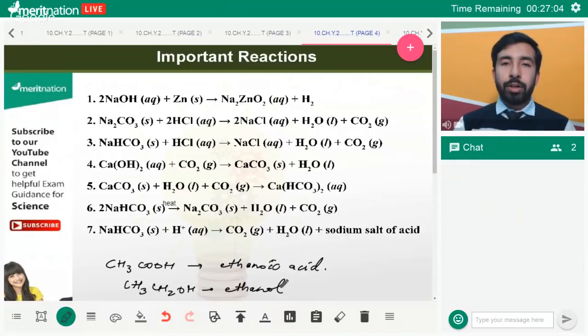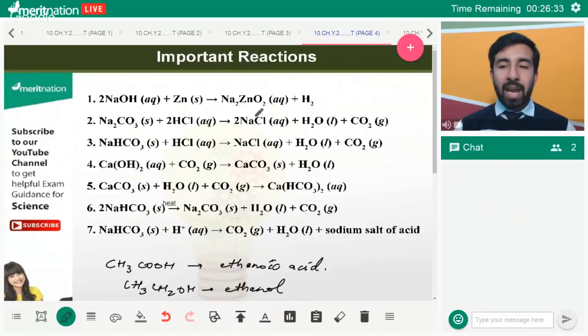So water should never be added to acid, but we should always add acid to water because the reaction is highly exothermic, and it can even cause severe burns and breaking of the glassware. And when an acid or a base is added into water, their concentration decreases, and at that time we say they have become dilute.